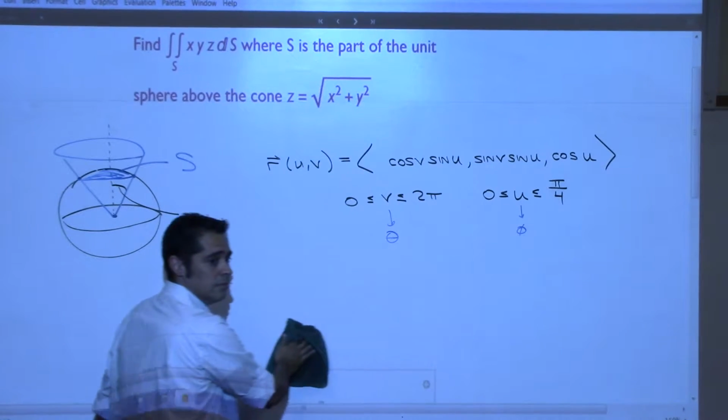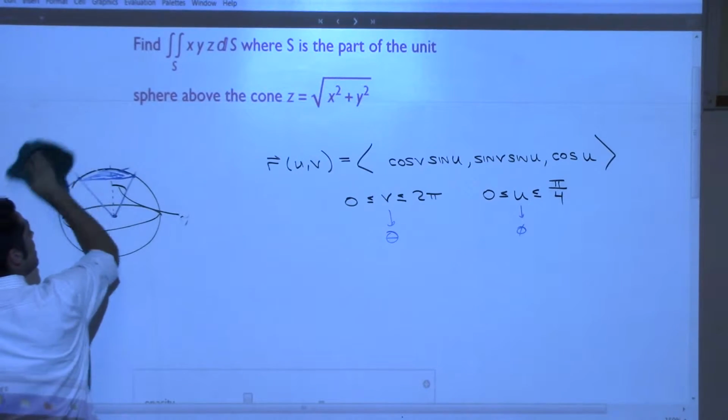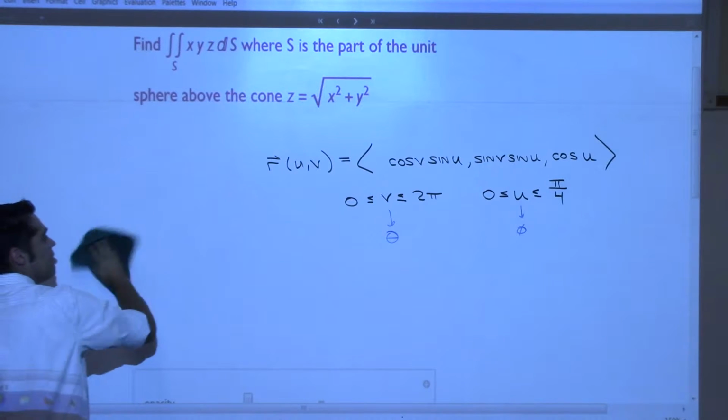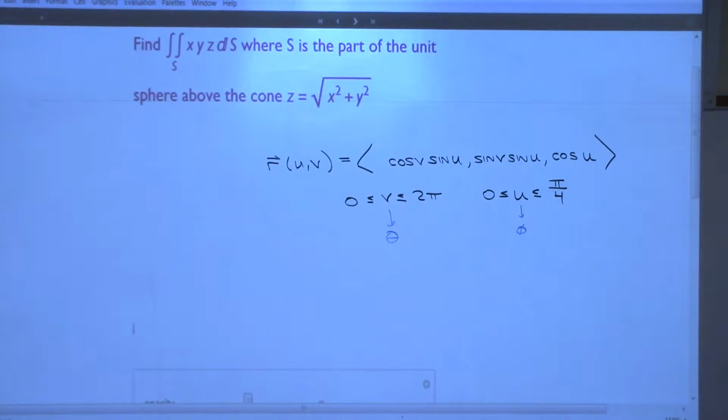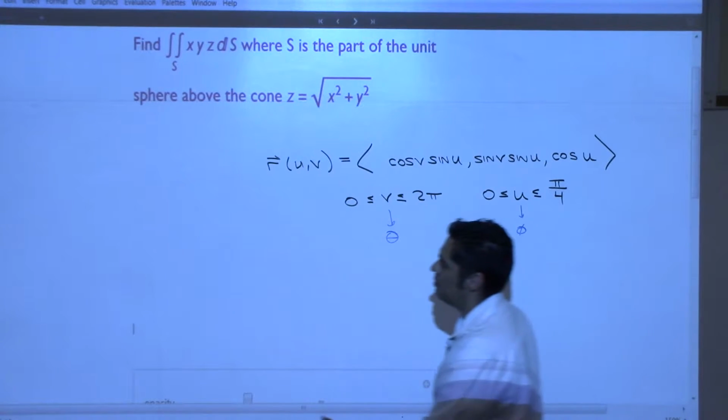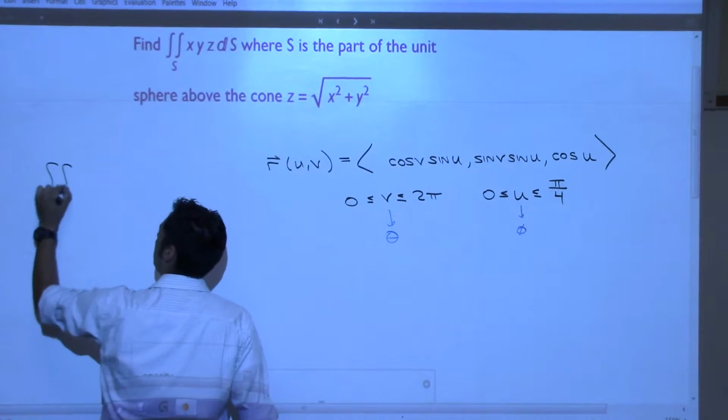Questions? All we have done is come up with the R that draws the surface. That's it. Now what I need to do is remind myself what the formula is.